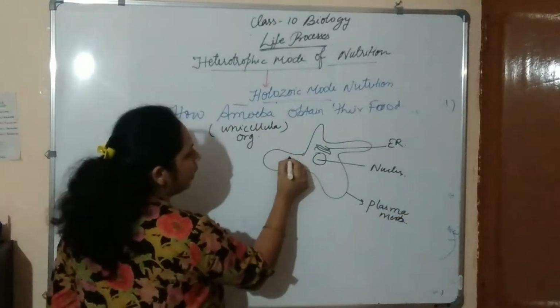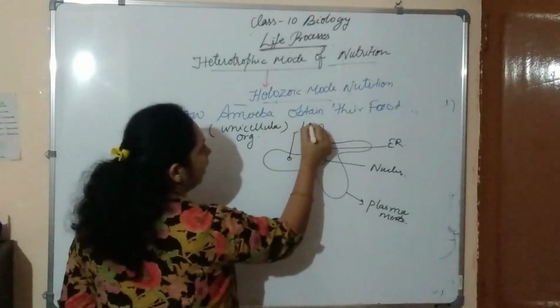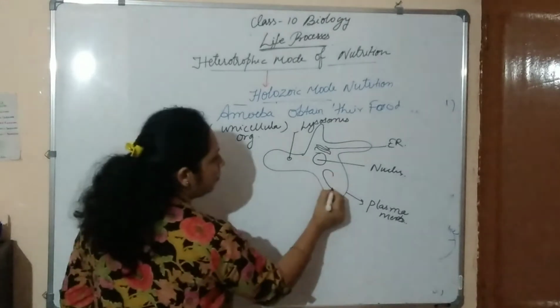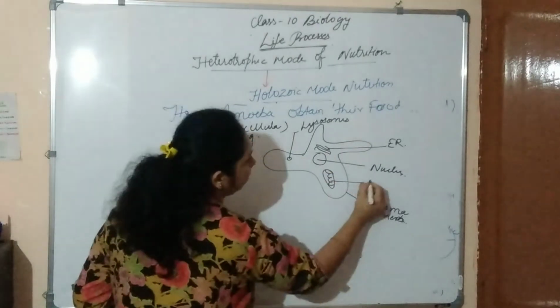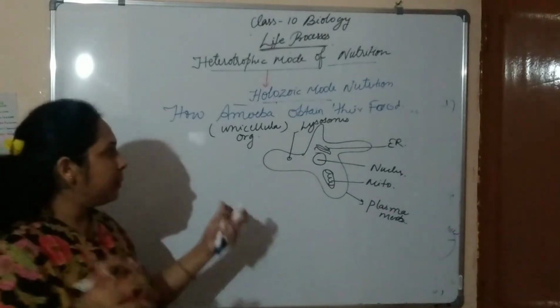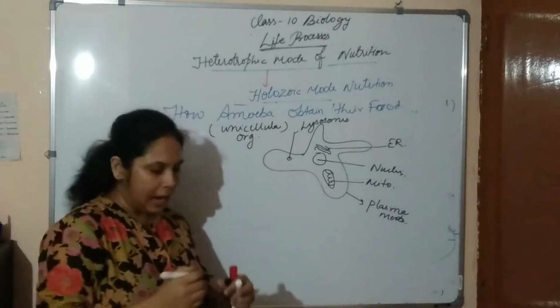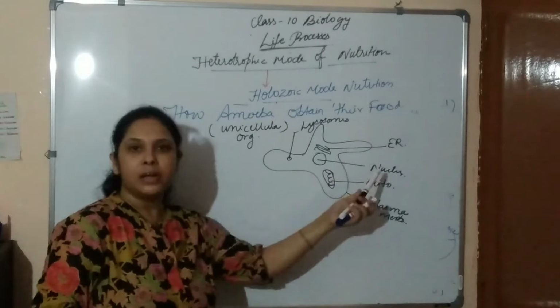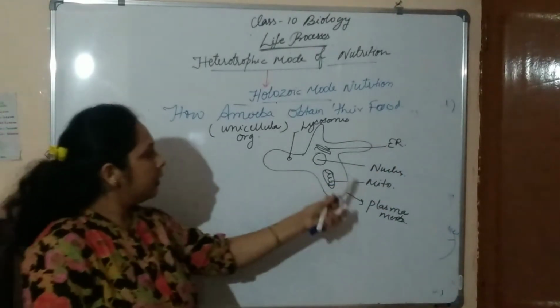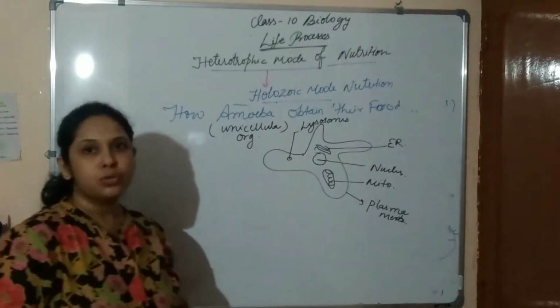They have lysosomes, and they contain mitochondria also. So this is the basic structure of amoeba, and amoeba has these cell organelles: endoplasmic reticulum, nucleus, mitochondria and lysosomes.